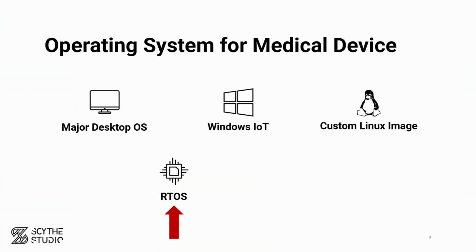Yet another option is a real-time operating system. Real-time operating systems, RTOS, are widely used in the medical field for applications where timing and reliability are critical. Medical devices often need to process data, control hardware, respond to events in real time, all of that to ensure safe and effective treatment of the patient, right?